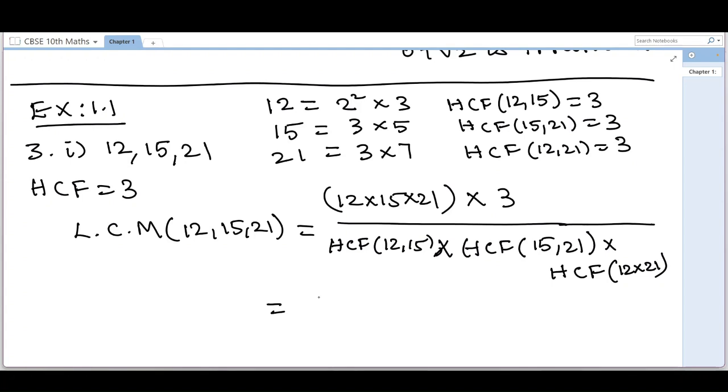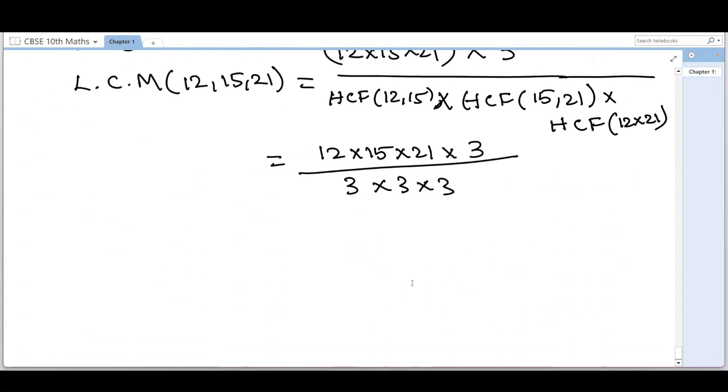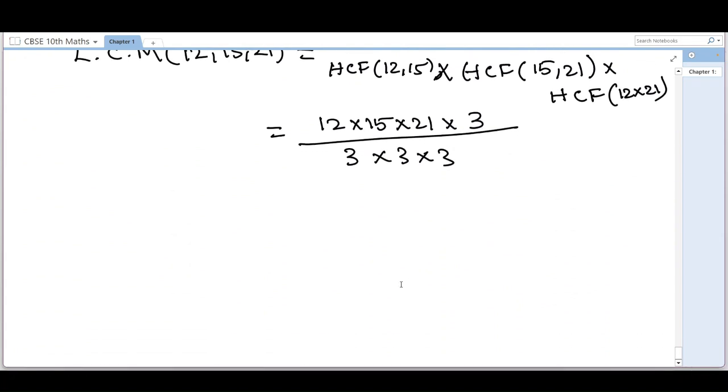So I am going to apply all the HCF values, which is 3 into 3 into 3. If you simplify this, you will get 420, right?